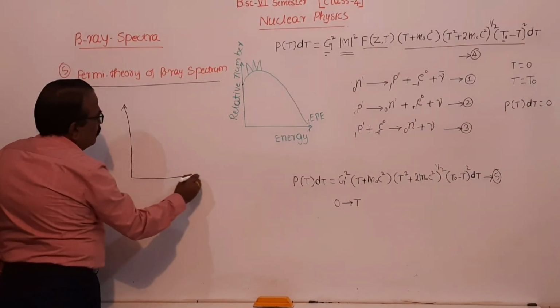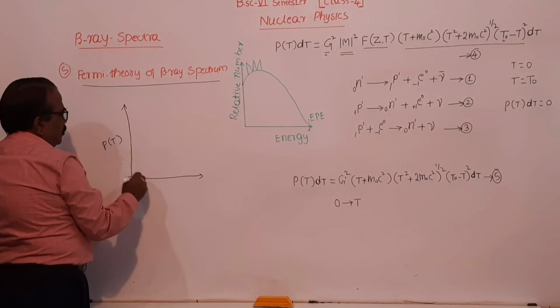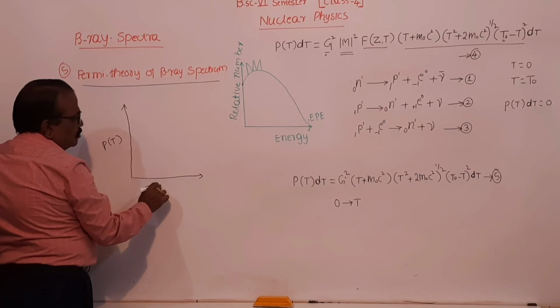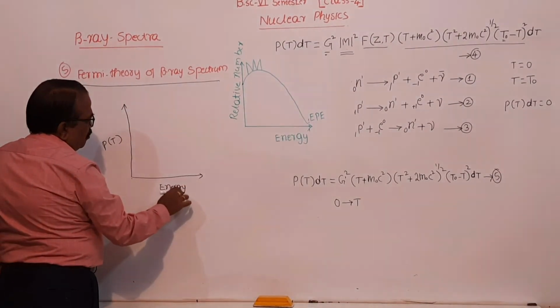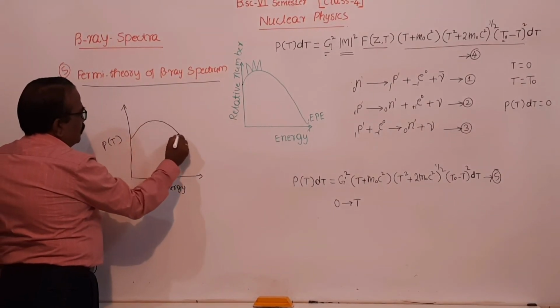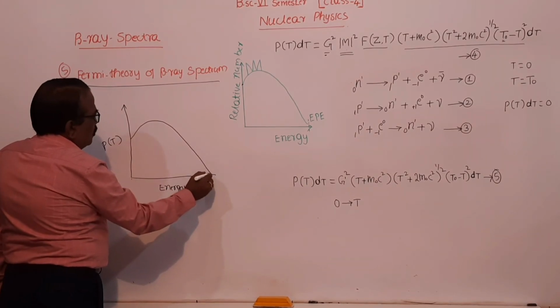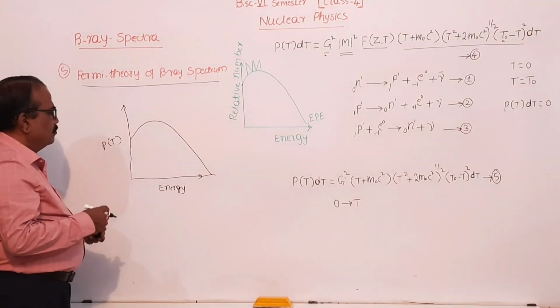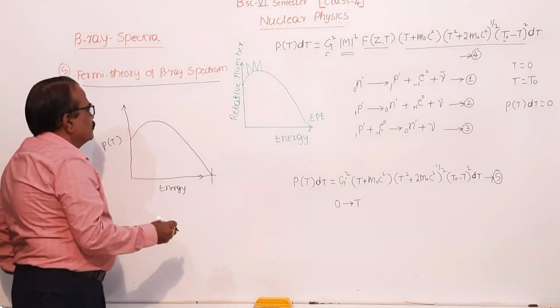Then if you plot this graph by taking P(T) and energy along the axes, it goes on increasing, reaches a maximum value, then at this point the energy becomes maximum, or it is the end point energy.